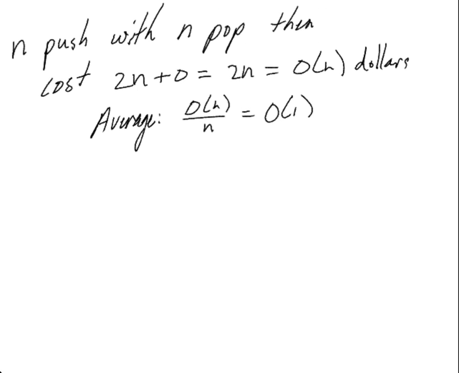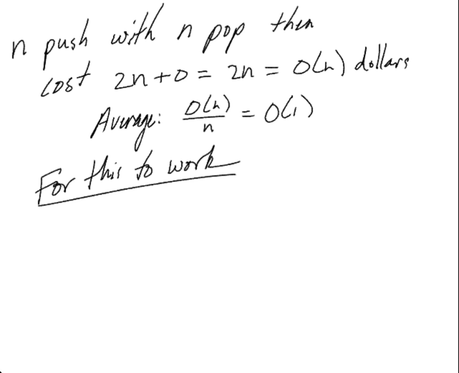Okay, so we might ask ourselves, well, how can we prove that? Is that going to work every time for whatever amortized cost we choose to use? Could we say push is going to cost $1 and pop and multi-pop cost 0? Well, for this to work, we have to say that the sum over n operations of the amortized cost, which we're going to call C hat, so amortized cost. Now the amortized cost, remember, is the cost we constructed, where push costs $2 and pop is free.